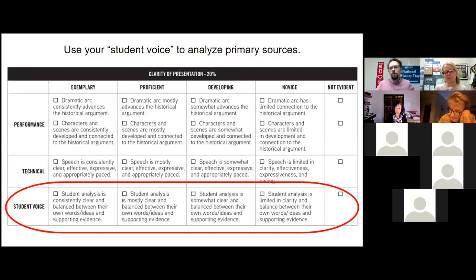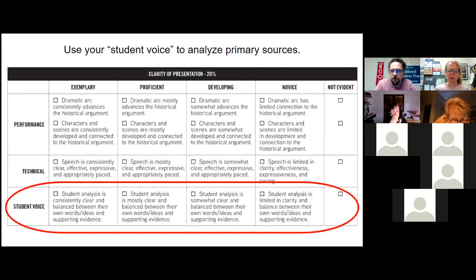It also helps students get away from plagiarism, whether accidental or intentional, but really highlighting the student voice. So exemplary student analysis is consistently clear and balanced between their own words, ideas, and supporting evidence. So they still need to use the supporting evidence, but making their own arguments.